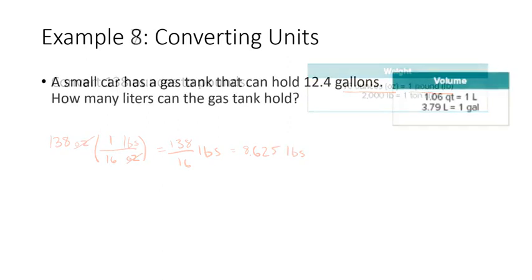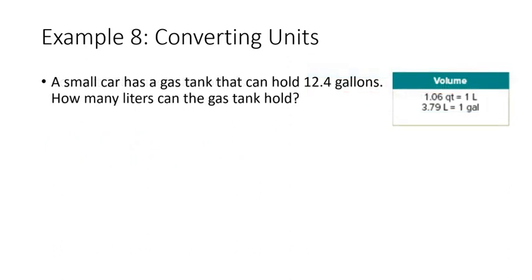So a small car has a gas tank that can hold up to 12.4 gallons. How many liters of gas can that tank hold? If you took that car to Europe, you would measure your gas in liters, not in gallons. So how many liters would you have to have? So 12.4 gallons. We want to convert gallons to liters.